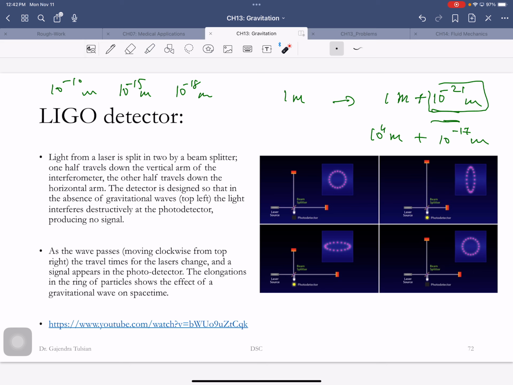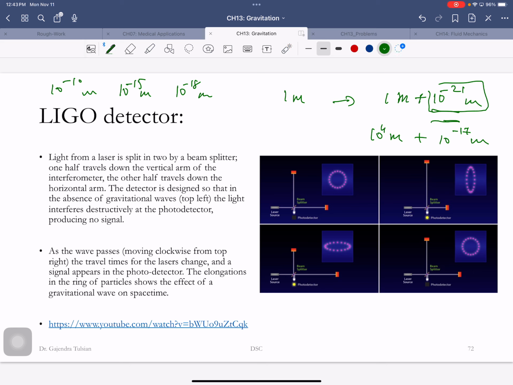This arm is actually 4 kilometers, but to keep it simple, we'll say 10 kilometers. So this beam goes and reflects back and comes back here, and this beam goes and reflects back there and comes back here. So you have two beams that have traveled roughly 20 kilometers.